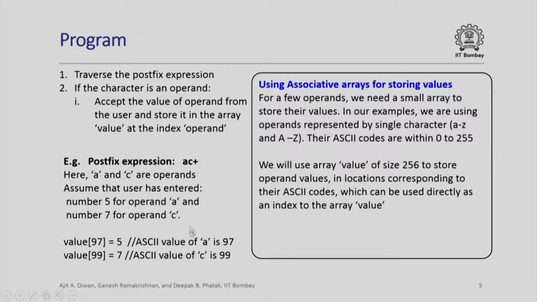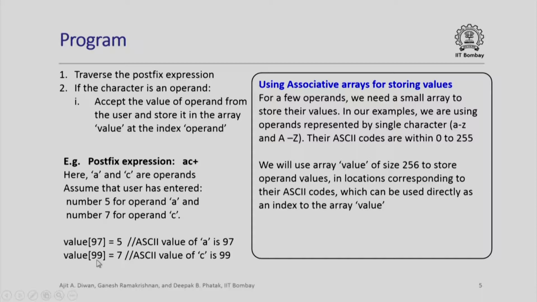We directly look at the operand, directly find out its ASCII value and directly use it as an index. Similarly, if somebody inputs a value 7 for operand C, we know the operand is C, we directly use the ASCII code of the operand C, which is 99, and store the value 7 in the 99th element of the array.